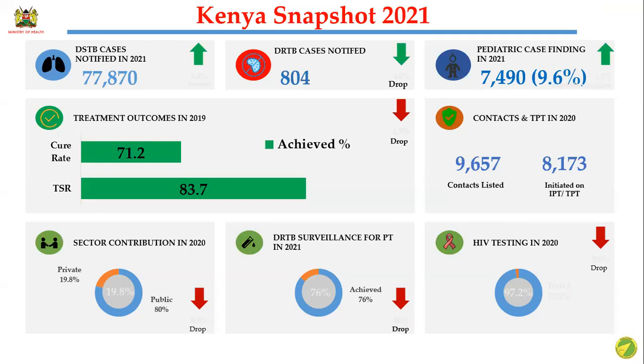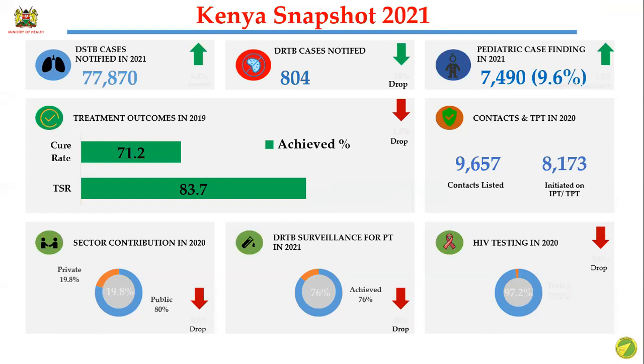In terms of public and private sector contribution, 80% of our cases come from the public sector and about 20% from the private sector. In terms of surveillance, surveillance in this case means using GeneXpert to diagnose TB and also determine rifampicin resistance, as well as taking samples for culture and drug susceptibility testing for other molecules in the TB drugs.